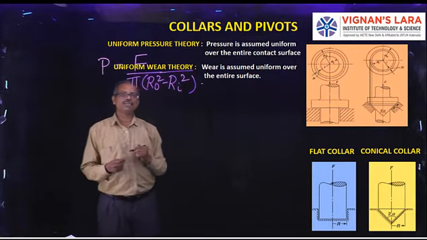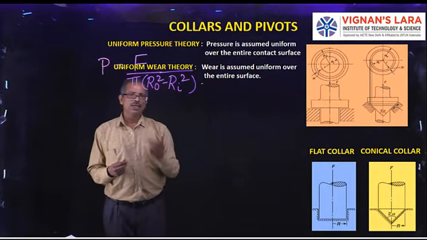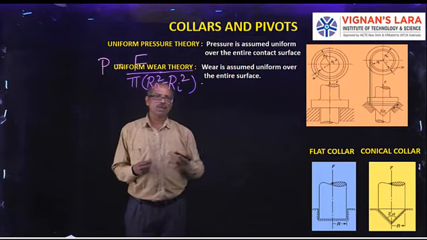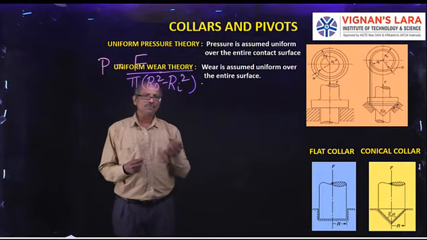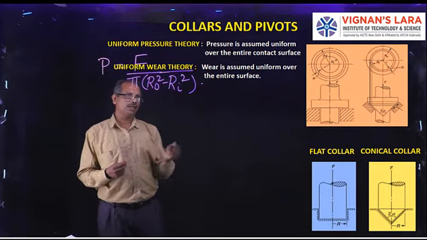So what is this F, what is this R naught, and what is this Ri? Here I am talking about a collar where the collar outer radius is R naught and Ri is the inner radius.